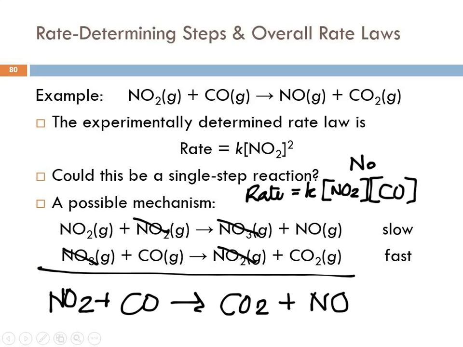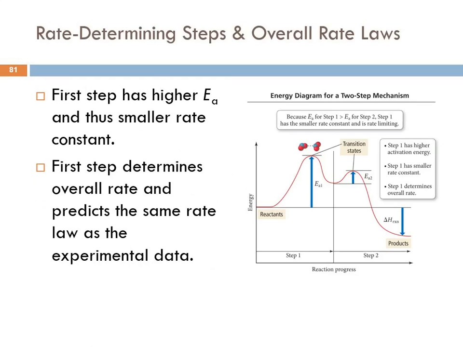How do you figure it's going fast? Well, we'll see. In this example, that first step has the higher activation energy, and thus the smaller rate constant, so it's going to be slower. It's going to determine the overall rate, and that will predict that the rate law for the overall reaction is the same as the rate law for that first step.